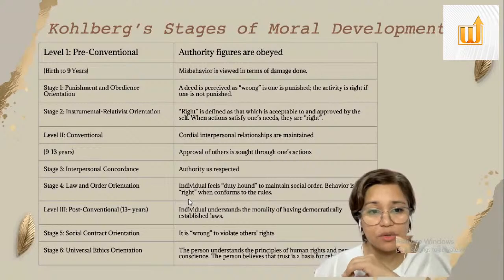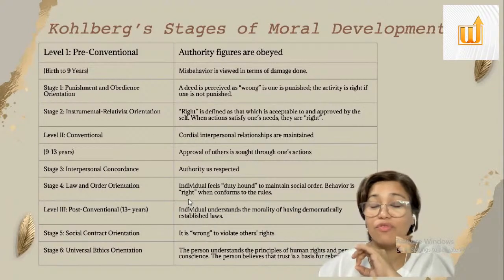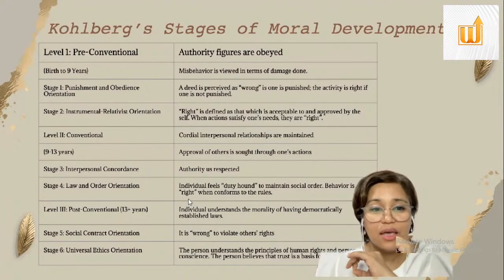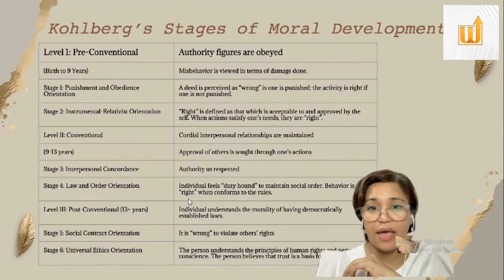We look at interpersonal concordance. So there is the belief that there's an authority to be respected, and that they are in stage 4 duty bound to maintain social order. So they conform. Conformity is important here. And then we have level 3, the post-conventional years of development, where the individual understands morality of having established law, and they also understand democracy and freedom, and also the concept of common good.